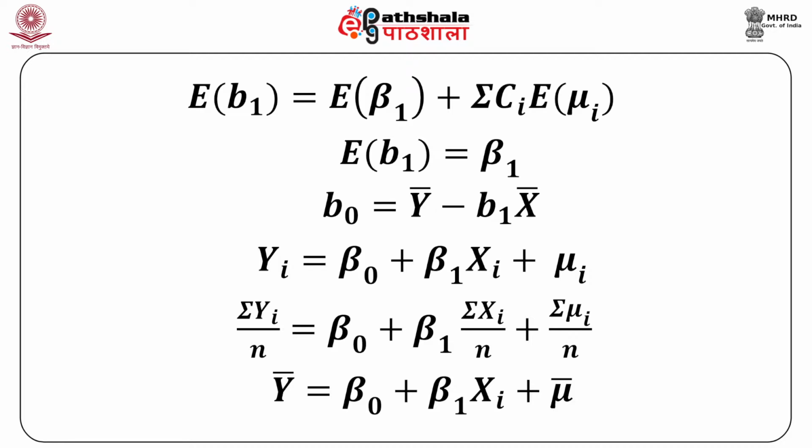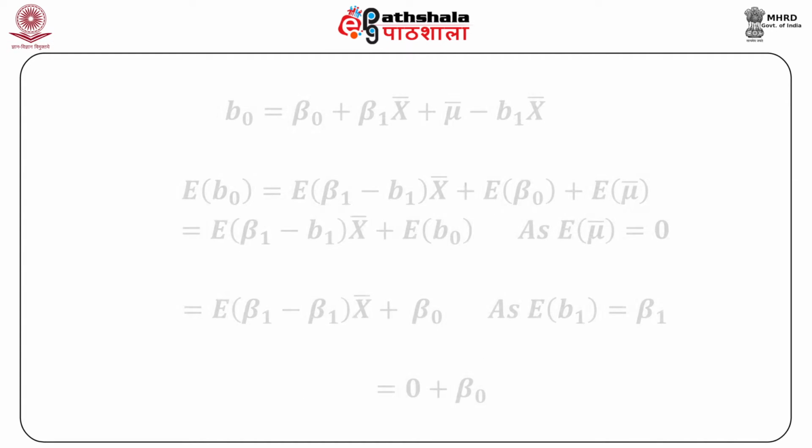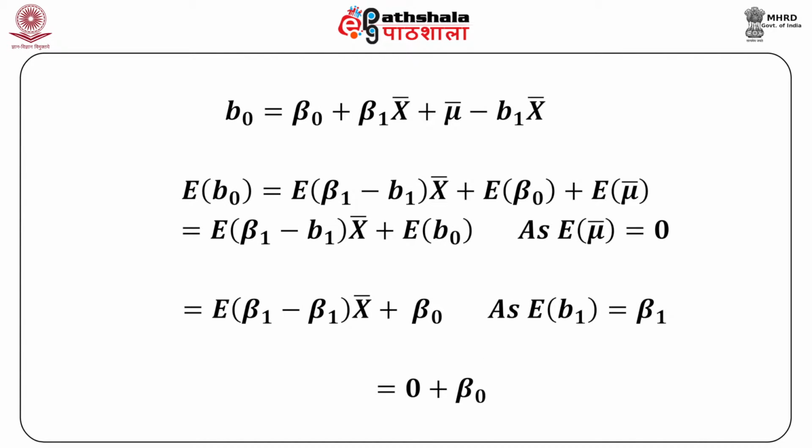Rearranging terms and taking expected value of both sides, expectation of B0 is equal to expectation of (beta 1 minus B1) x bar plus expectation of beta 0 plus expectation of mu bar, which is equal to expectation of (beta 1 minus B1) into x bar plus expectation of beta naught, as expectation of mu bar is 0, which is equal to (beta 1 minus beta 1) into x bar plus beta naught, as expectation of B1 is equal to beta 1.